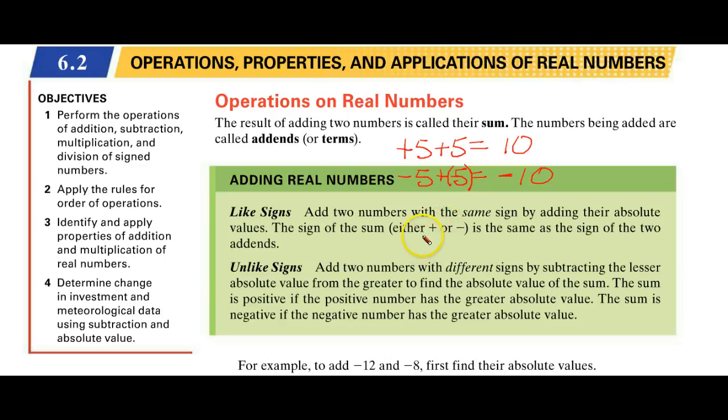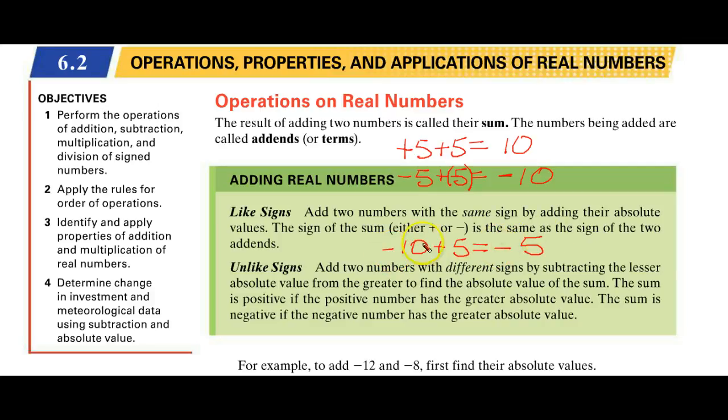Now, it's when they are different signs, and we have, let's say, a negative 10, and we're going to add that to a positive 5. So the rule is, again, take the absolute value of negative 10, which is 10, and 5, subtract the smaller value, which is the 5, from the 10, get a 5, and then apply the sign of the larger absolute value, which would have been a negative.